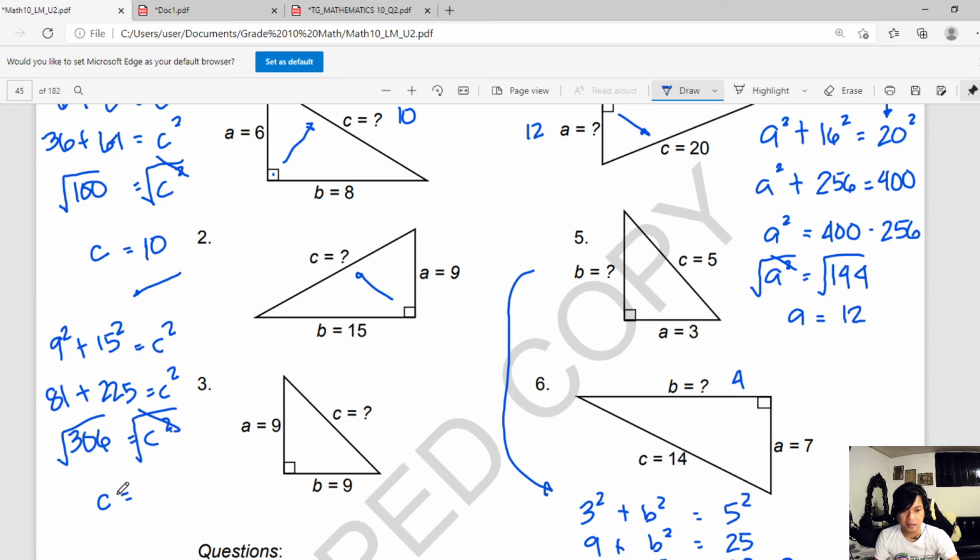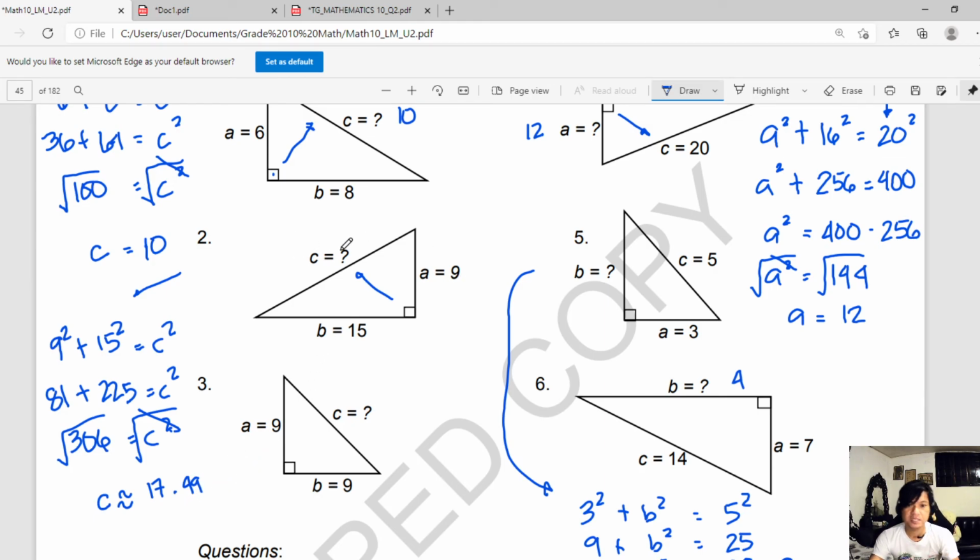So, when it's like that, instead of the equal sign, we will use the approximately symbol. We erase this. Instead of the equal sign, because it is not really equal since we rounded off, the better symbol to use here is the approximately sign. So C is approximately equal to 17.49.